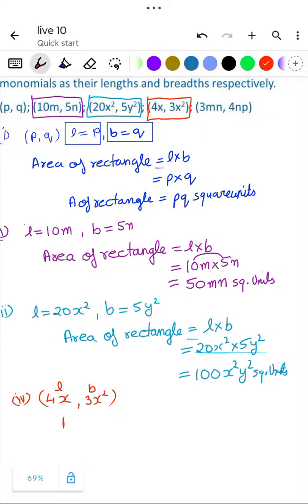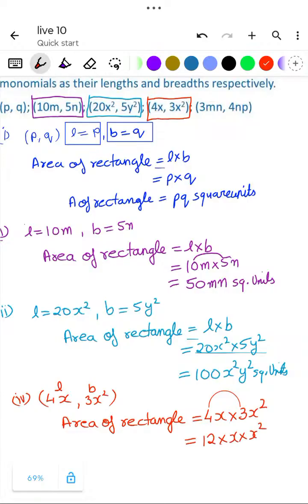So the area of the rectangle is equal to L into B. L is 4x times B is 3x square. On multiplying the digits, we will get 12 times x square, and powers will add, so this is 1 plus 2, which will be 3. So 12x cube is the answer.